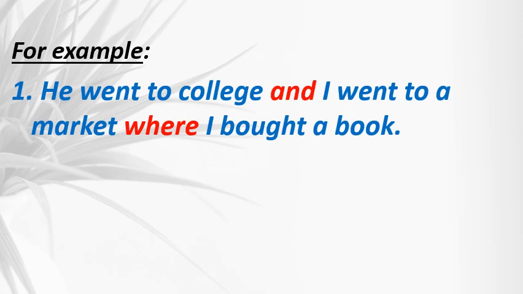Fine. But in the same sentence, where I bought a book is not an independent clause. It is a dependent clause which is not giving us a complete sense when we keep this phrase apart from the complete sentence.